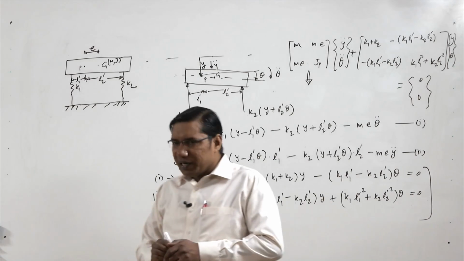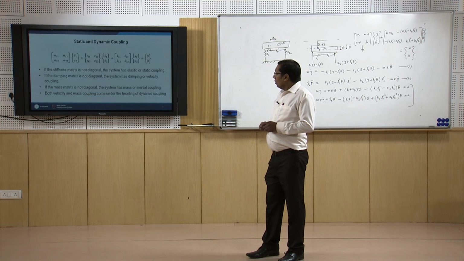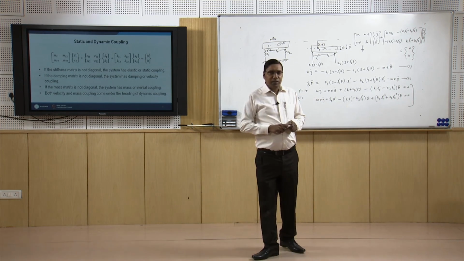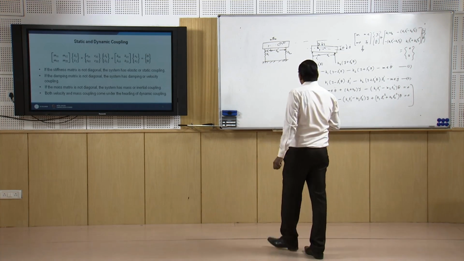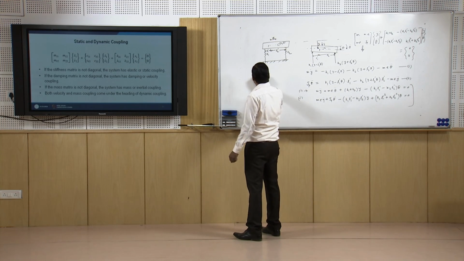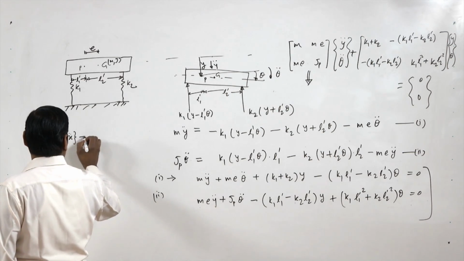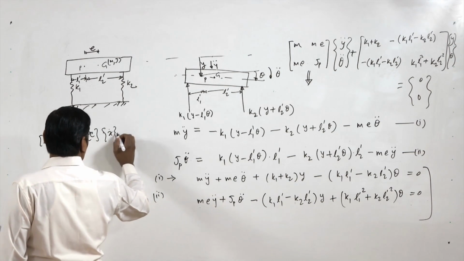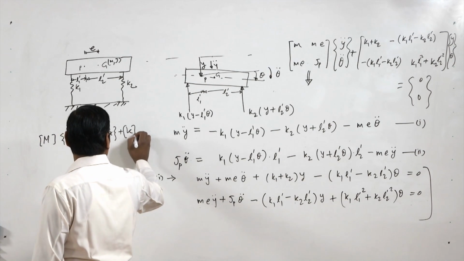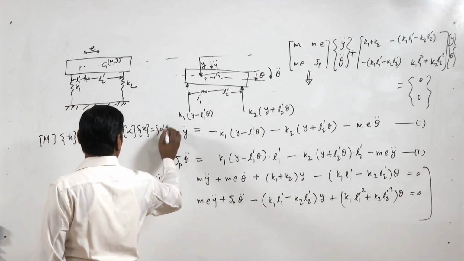Now if we take a general system that has mass, damping and stiffness matrices, like M x double dot plus C x dot plus K x equal to 0.